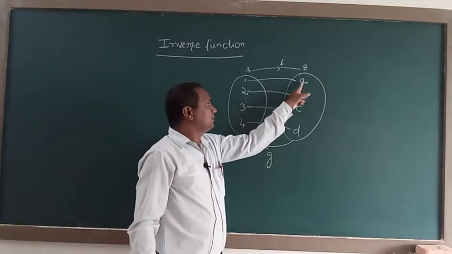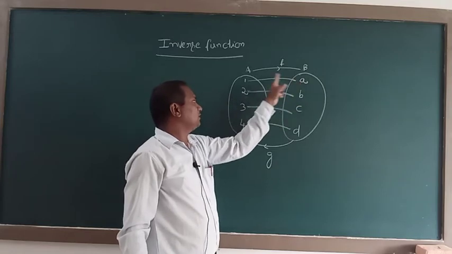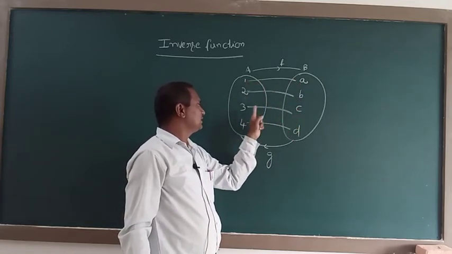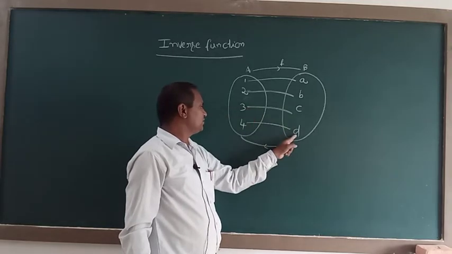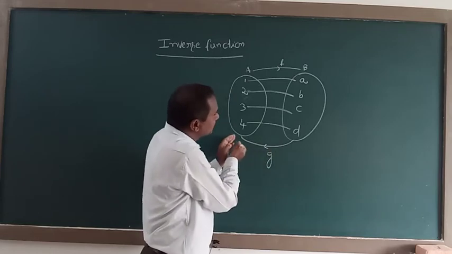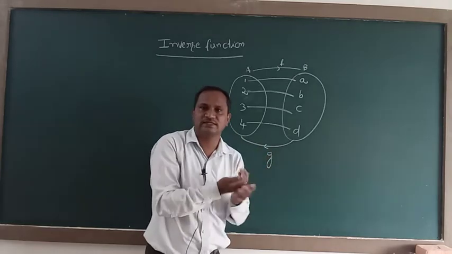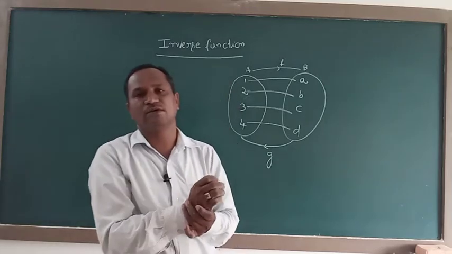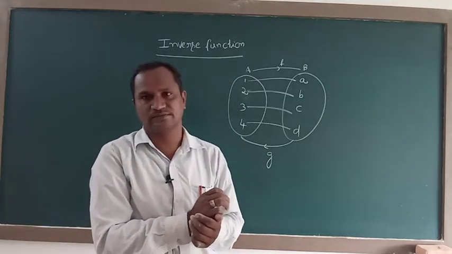Then image of a is 1, image of b is 2, image of c is 3, image of d is 4. Like that, if you can move like that also, then it forms a function. Then we are saying g, which maps from B to A, is said to be an invertible function or inverse function.